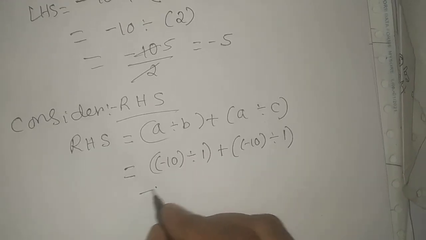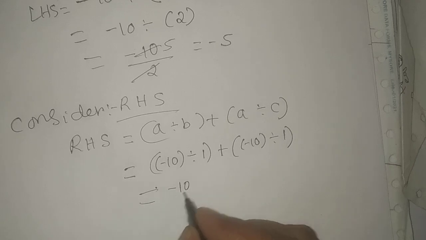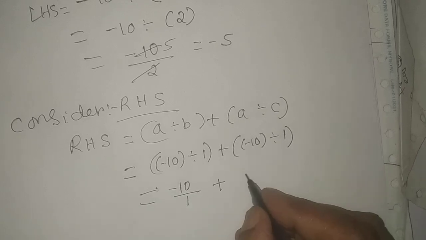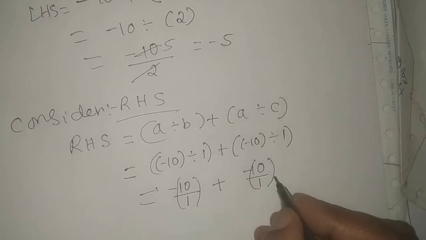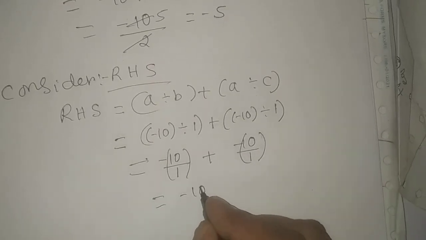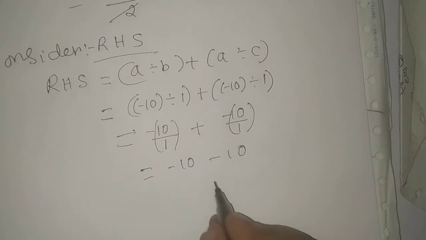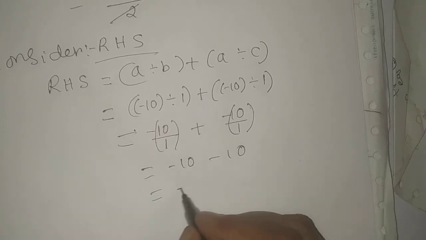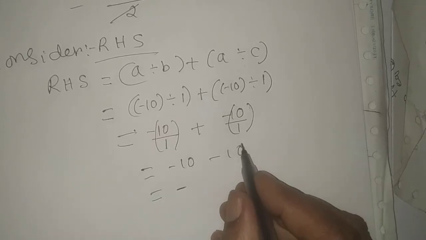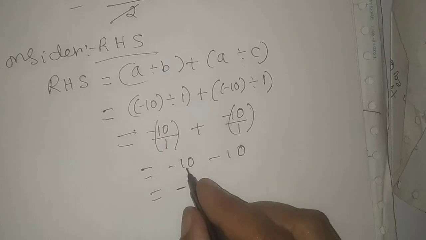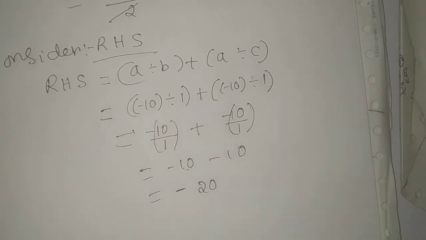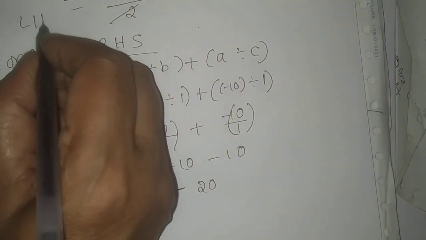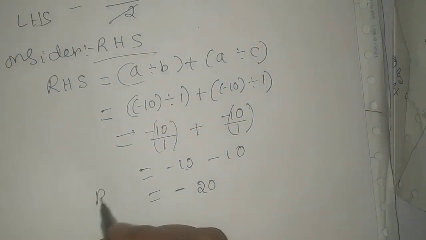So we have to solve here: minus 10 divided by 1 plus minus 10 divided by 1. So what happens? Minus 10 and minus 10, minus and minus will be minus, add and put the minus sign, which will become minus 20. So we got LHS as minus 5 and RHS as minus 20.